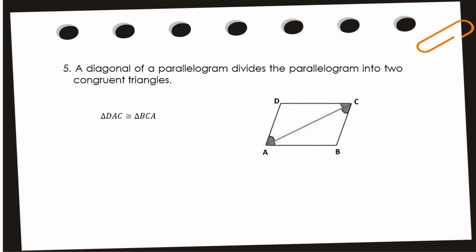Same with the other diagonal. So here let us illustrate the other diagonal. We have parallelogram ABCD. If we draw diagonal DB, it means that if ABCD is a parallelogram, diagonal DB divides the parallelogram also into two congruent triangles.